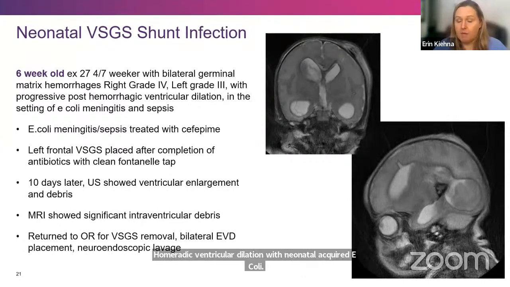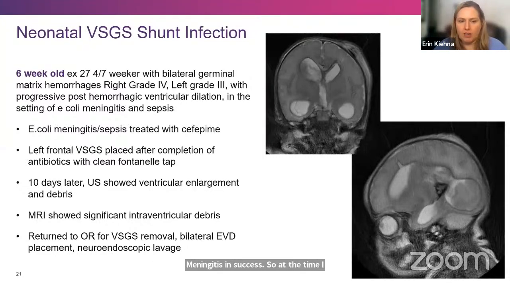So at the time I was consulted, he had the meningitis and sepsis and the bleeds, and he was treated with LPs per the neonatologist and cefepime until his CSF was clear. So he completed the cefepime.